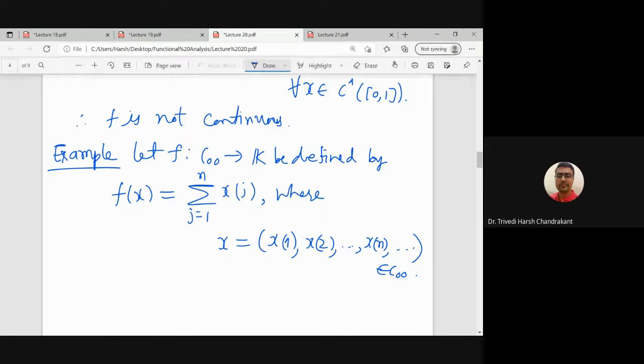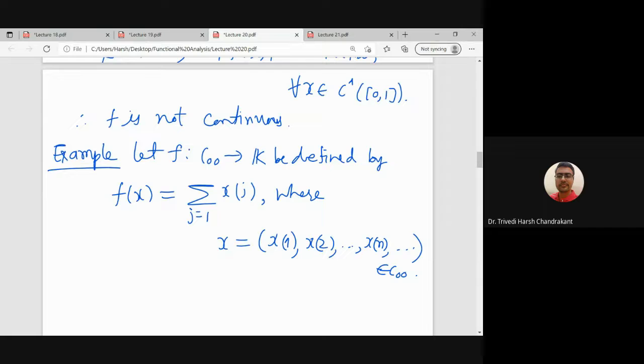Right. So x is a sequence whose only finitely many terms are non-zero, other terms are zero. And what f defines is we are adding all the coordinates of this sequence. So does this series converge?